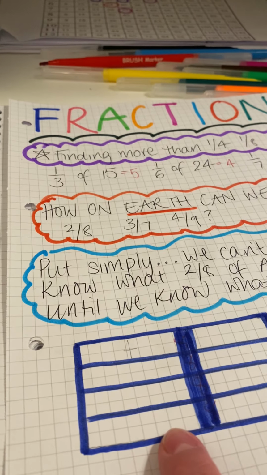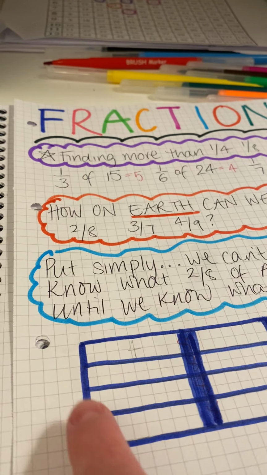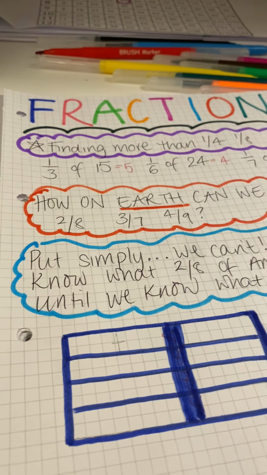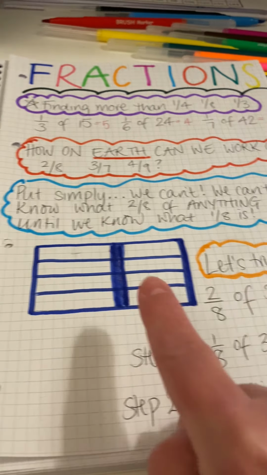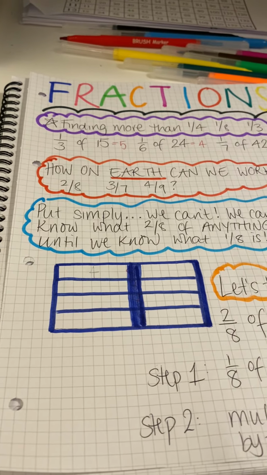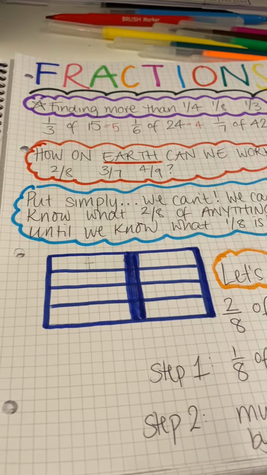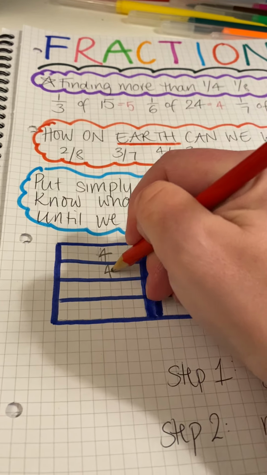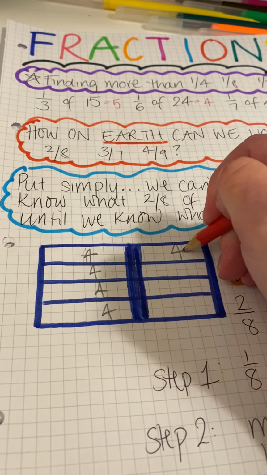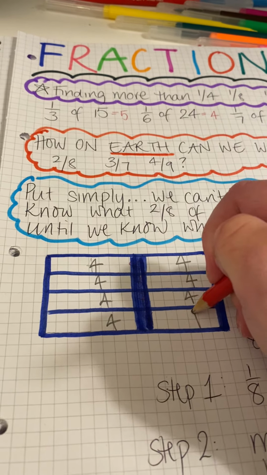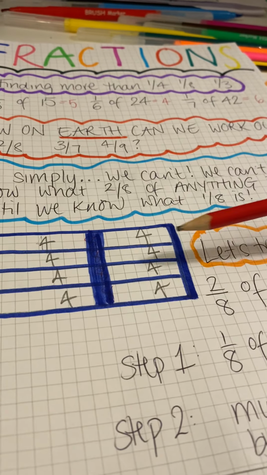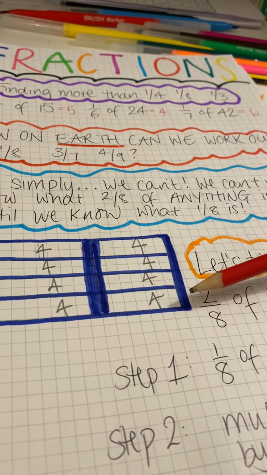Now visually, what you've got here is a shape split into 8 sections, 8 equal parts. And what we're saying is that there are 4 in each of the 8 parts.